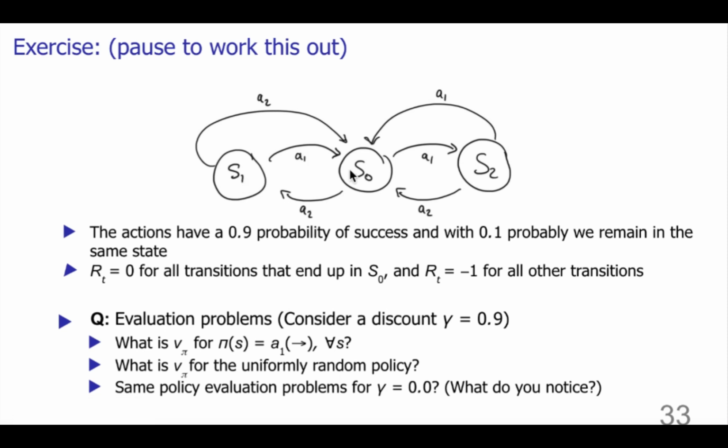If I want to compute the action value of A1 at S1, what is it? -1, right? It is -1. Then we have the probability for successful transitions, which is 0.9. So 0.9 times what? 0.9 times -1. The next state is S0.